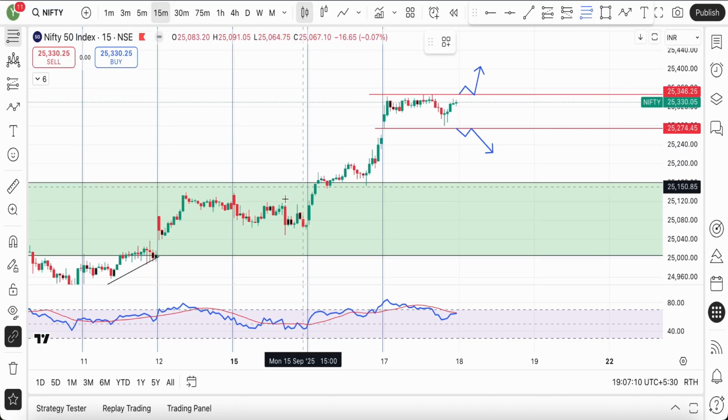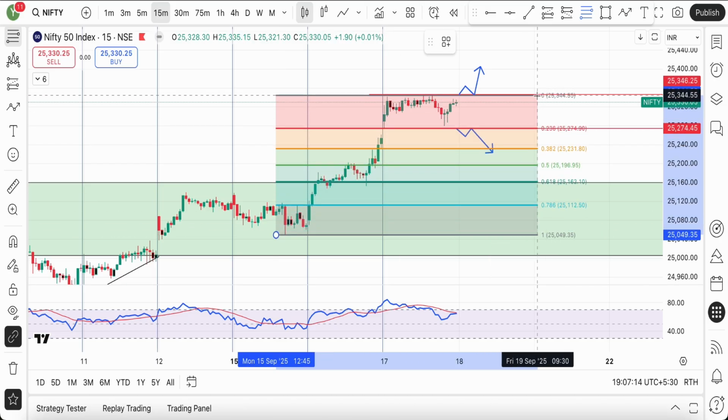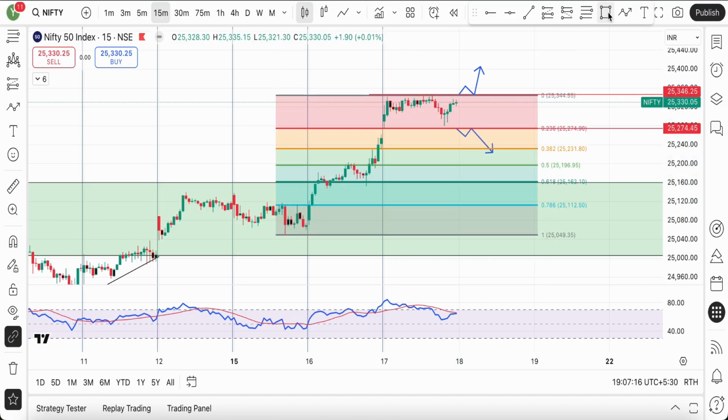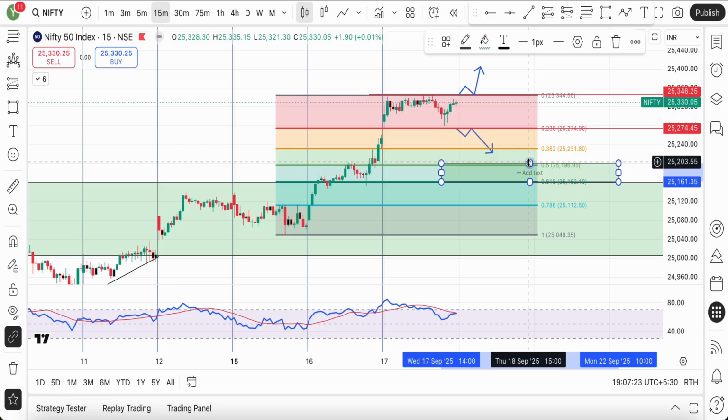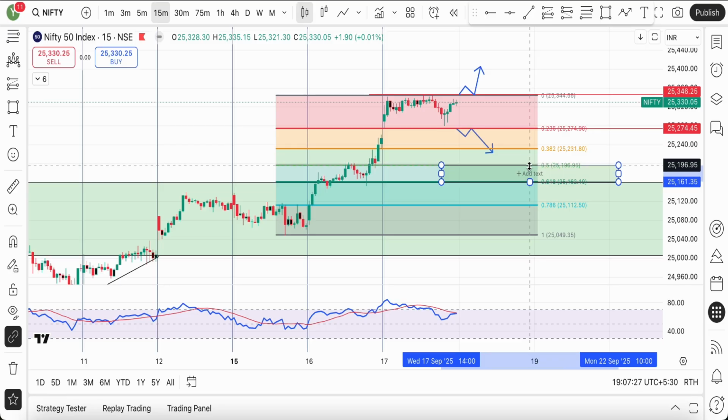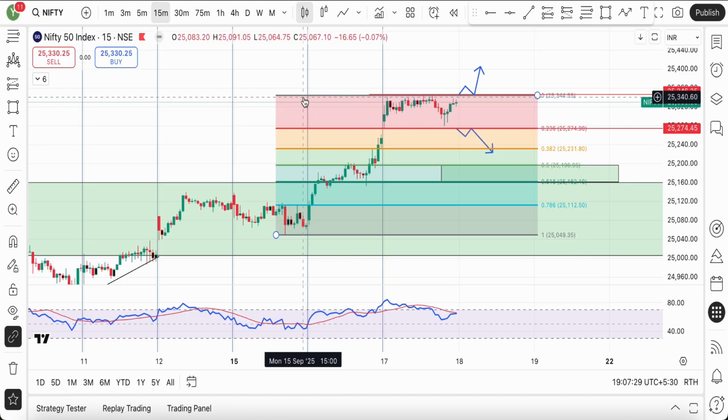Now I also need to look at the important fib level, which I'll hold from these levels till today's high, which comes around to roughly these levels.